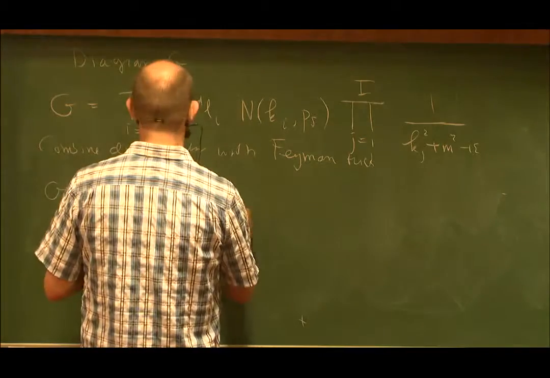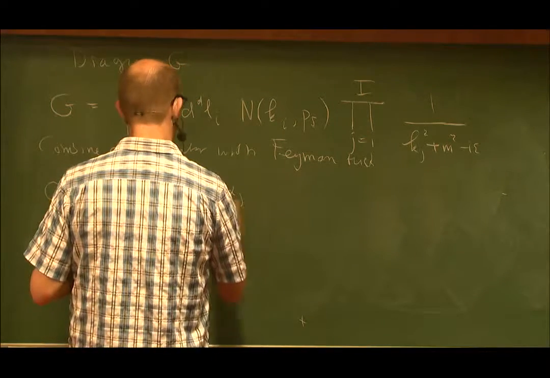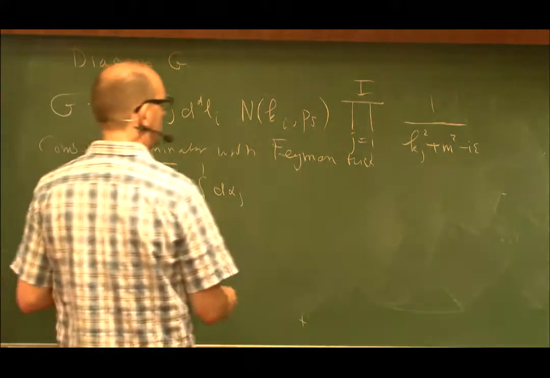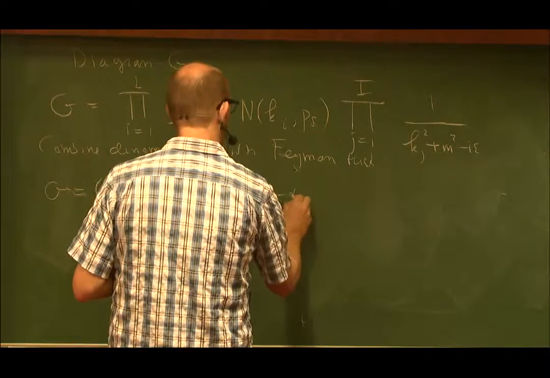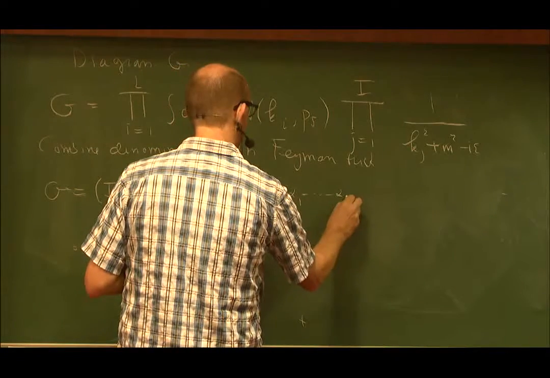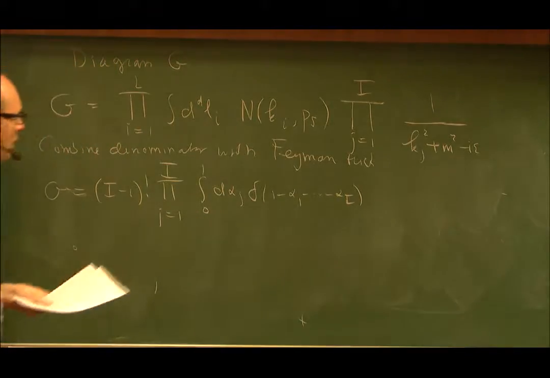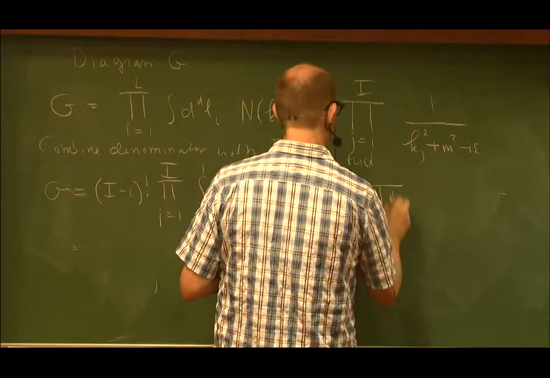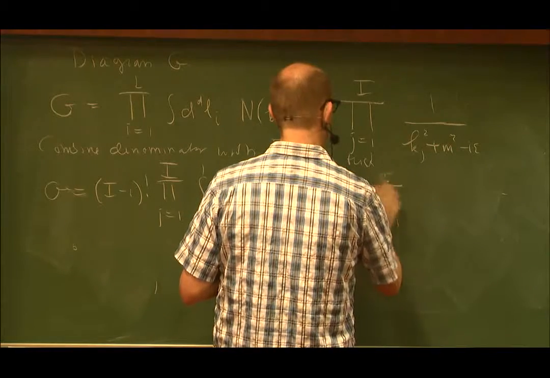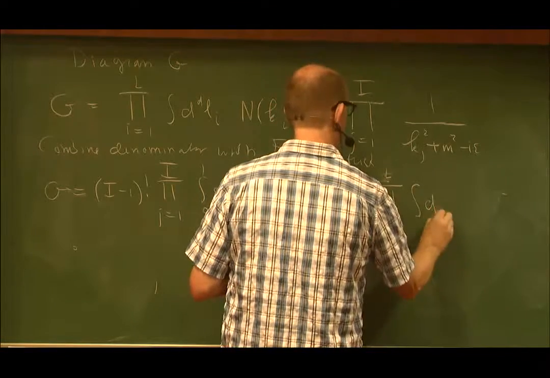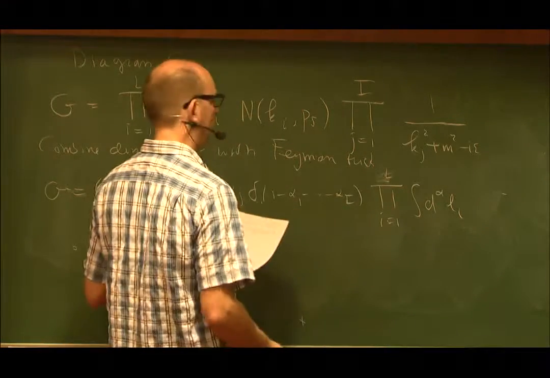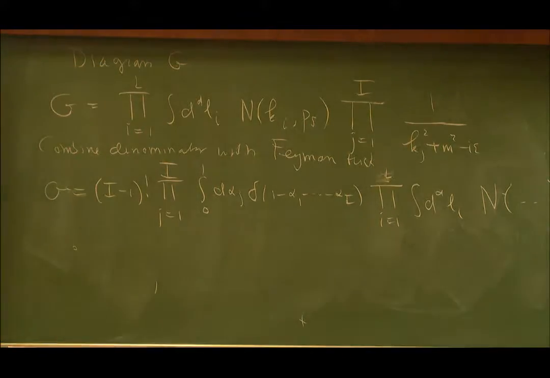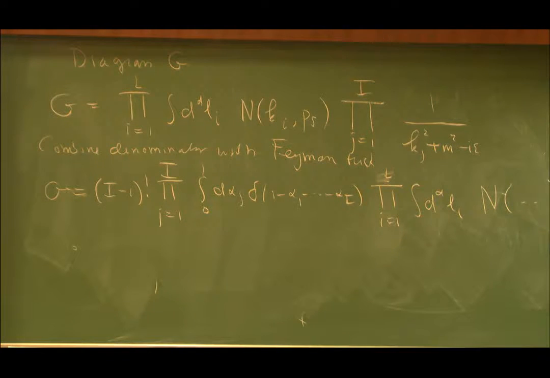So I get here integrals over the Feynman parameters from 0 to 1. Then I have the condition on all the Feynman parameters that they must sum to 1. Then I have the product of the loop momenta integrals again, from 1 to L, d^d l_i. My big numerator, which I just write as big N. That's all the stuff that was necessary.